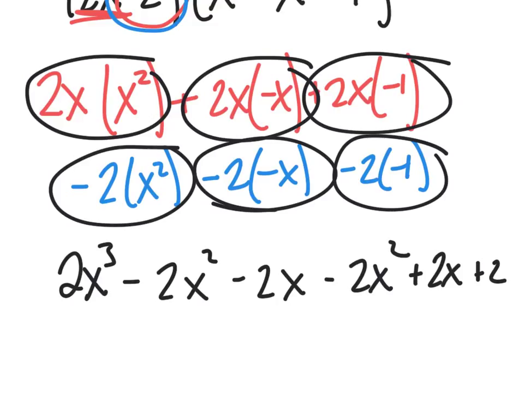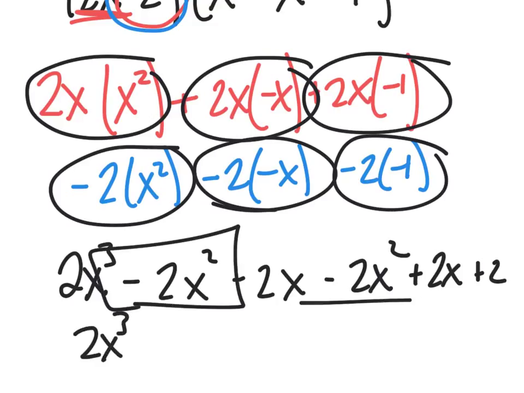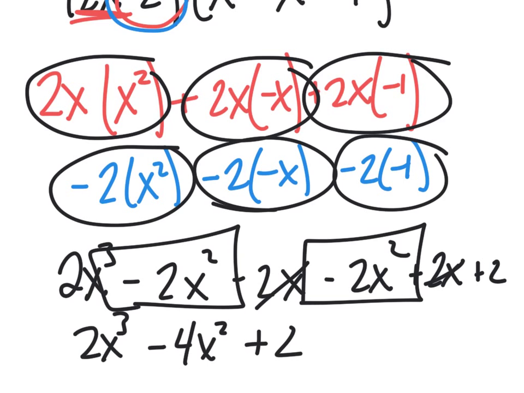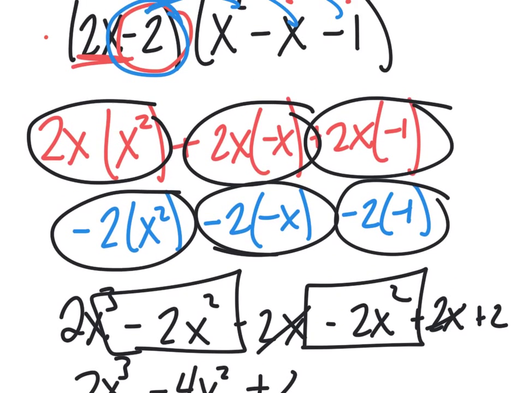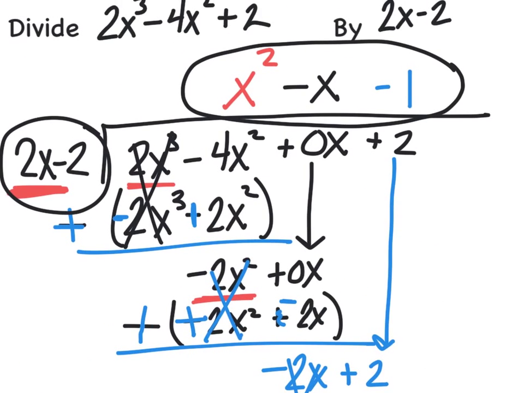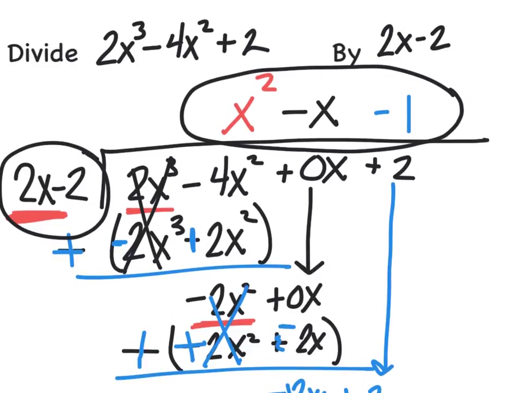And if I just put those like terms together, I'm going to get 2x cubed. This will be minus 4x squared. Those will cancel, and I'll have a plus 2. And if you take a look, that should be what we divided there. 2x cubed minus 4x squared plus 2.